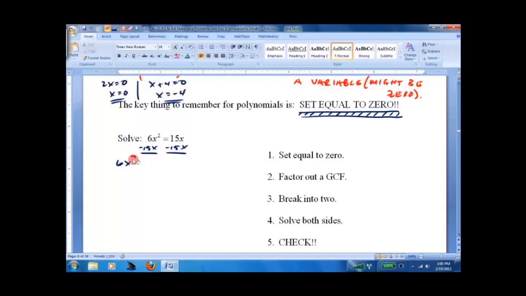You can see where all of our work, the adding and subtracting polynomials, comes into play. So there's step 1, set equal to 0. Step 2, factor out a GCF. Well, there's a 3 in both of these. And then there's an x. So I pull out 3x, I'm left with 2x minus 5.